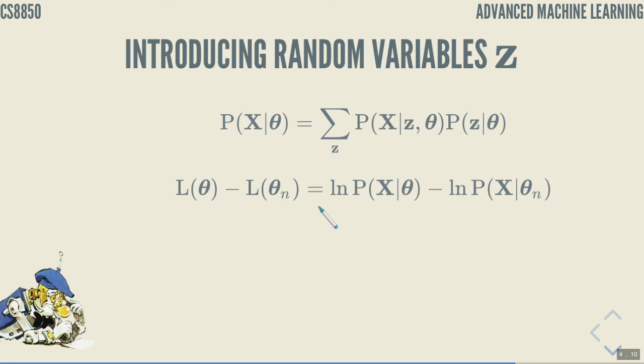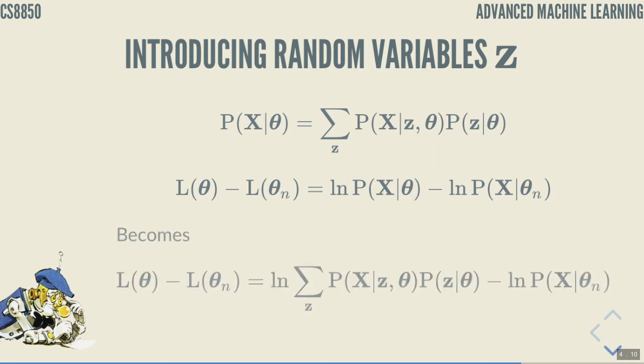We want to maximize this expression, the difference of the log likelihood at the new parameter values minus the log likelihood at some old parameter values. Let's plug this in. After we do that, here's what we got.